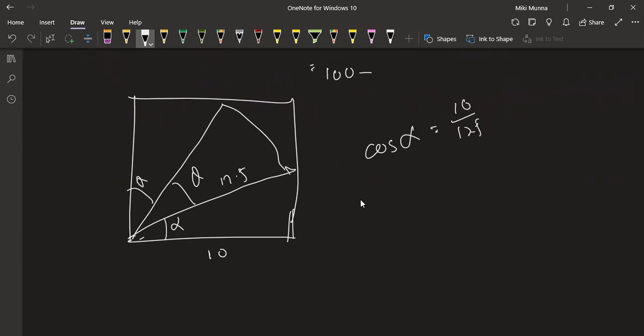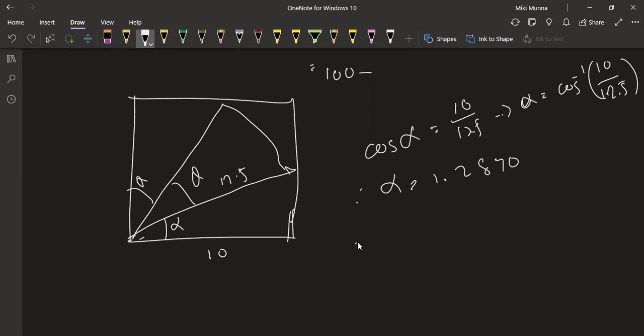That means alpha is equal to cos inverse 10 over 12.5, which gives us 1.2870. This is our alpha.